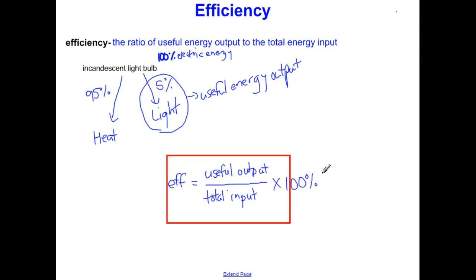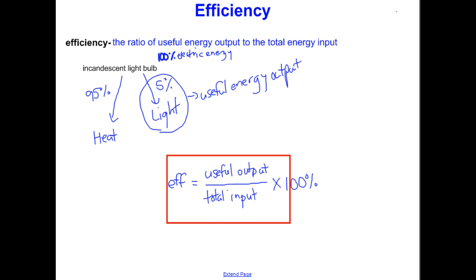It's kind of exactly like the way that you calculate your mark on a test. If you get, how much did you get on your test out of the total that you could get, times 100 tells you what your percent is. So this is also just saying how well is this light bulb doing what it's supposed to be doing.